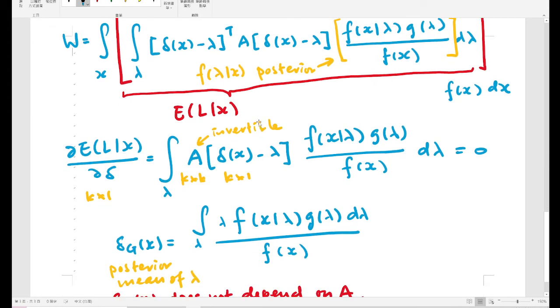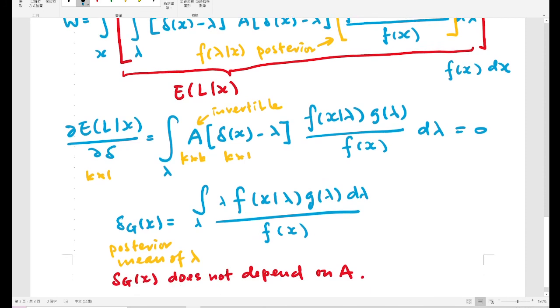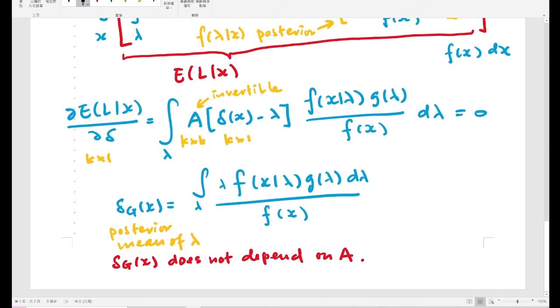And then I take the derivative with respect to delta and then set it equal to 0, then we get this equality. The important thing to notice is A is a positive definite matrix, so it will be invertible. So when we set this thing equal to 0, in fact, it is quite interesting.